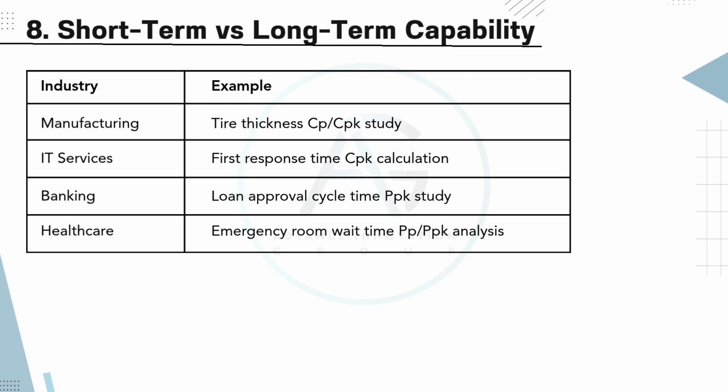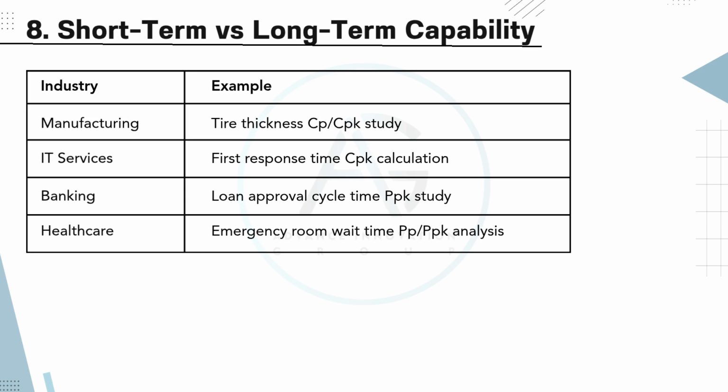In IT services, we apply CPK to monitor short-term metrics like first response times to ensure timely support. Banking relies on PPK studies to understand long-term process consistency, such as loan approval cycle times.